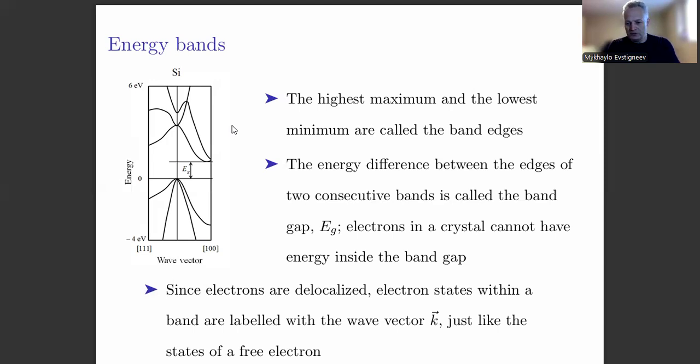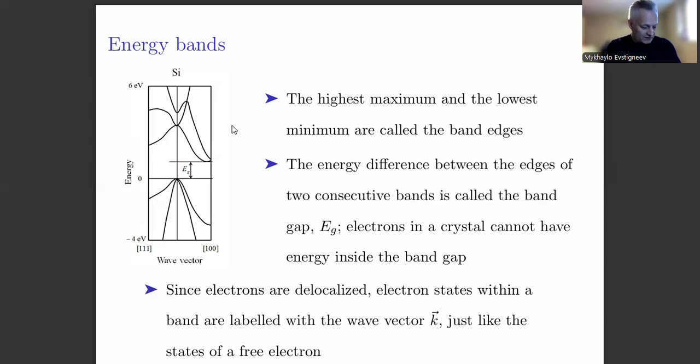Now, the energy of each quantum state within each band will depend on the wave vector, just like the energy of a free electron is proportional to the wave vector squared. Because the wave vector is related to momentum, kinetic energy is momentum squared divided by twice the mass.